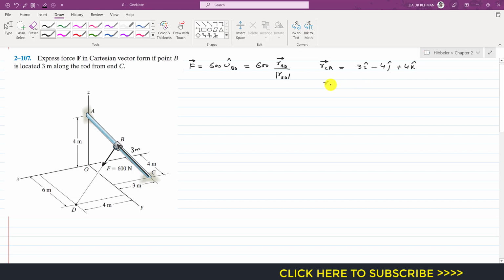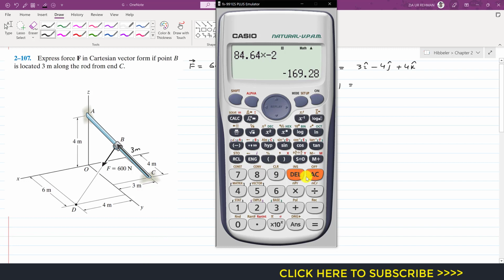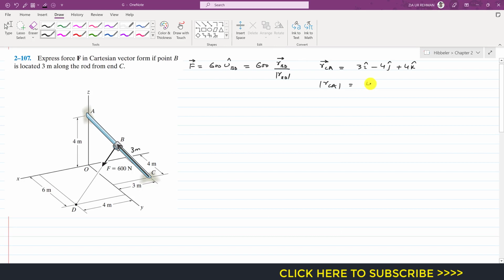Its magnitude we can find directly by using calculator. So this will be 3 squared plus 4 squared plus 4 squared, so its magnitude is the square root of 41.